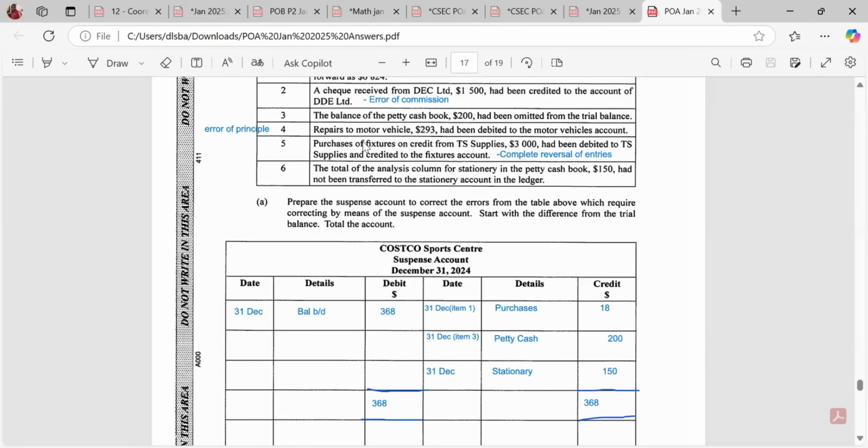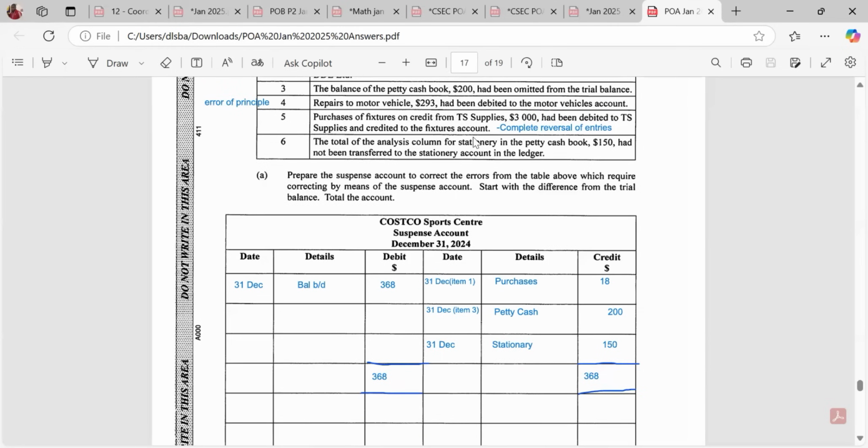So the double entry to fix this would be to debit the stationery account and credit where? This is the error that does affect the trial balance. One part of the double entry is always what? Start with the S. The suspense account. So if we debit stationery, we have to credit the suspense account, which is what we did here. We credit the suspense account 150.